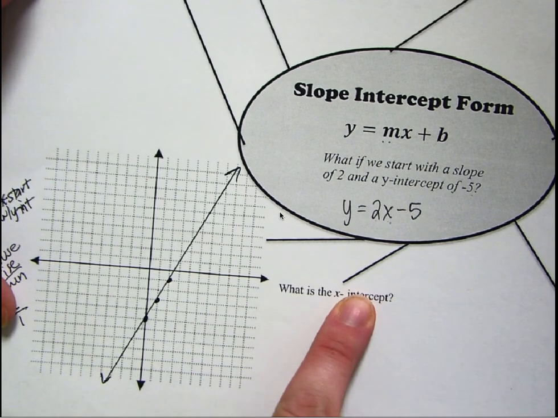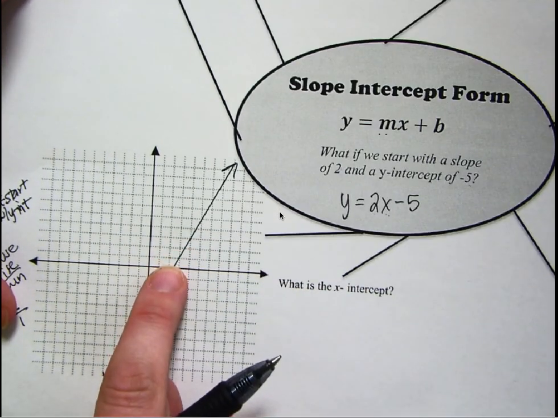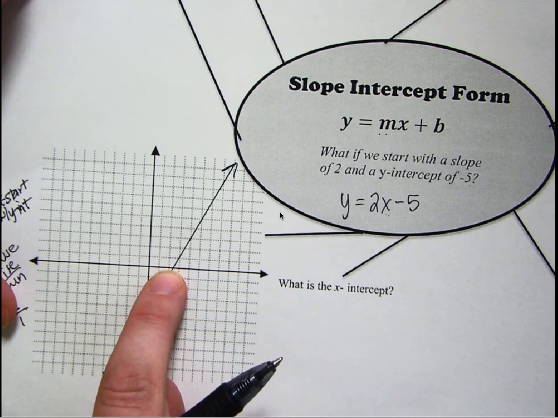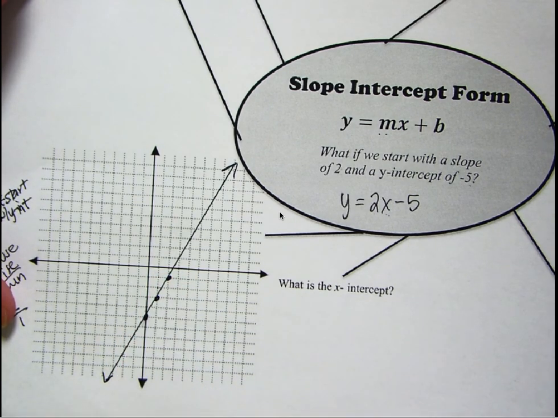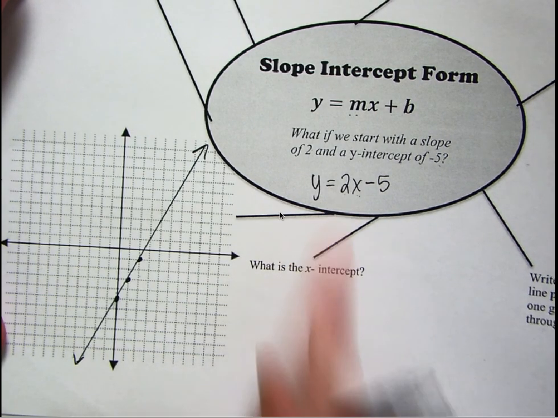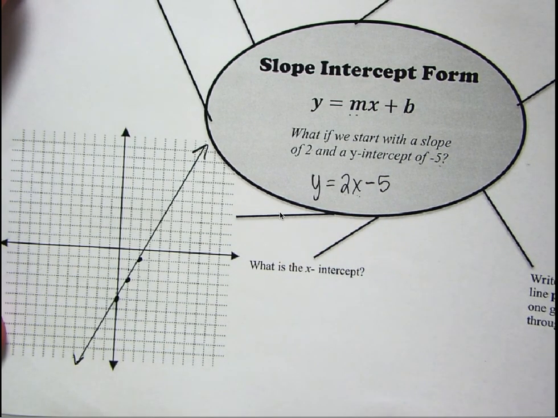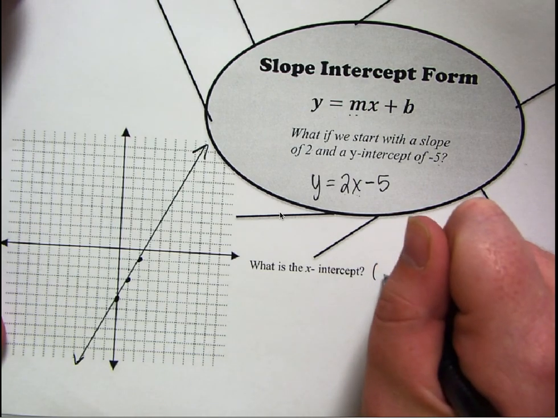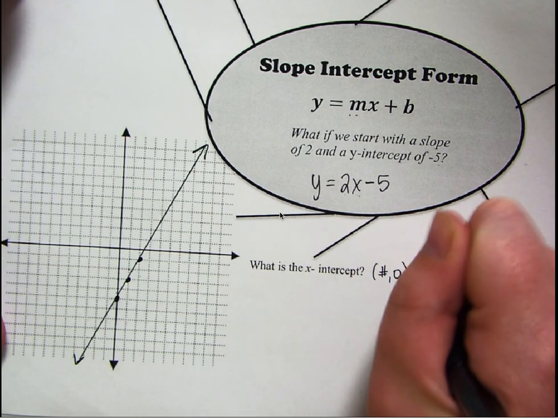What would be the x-intercept? Well, I can tell from the graph that it's going to fall somewhere between 2 and 3. I'm not really sure where. So what we can do is algebraically find that x-intercept. The x-intercept occurs when y is 0, so it's like some number comma 0.